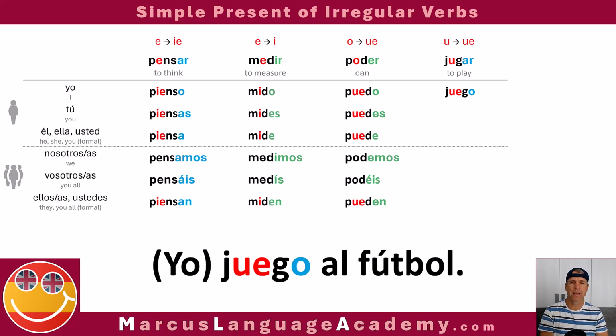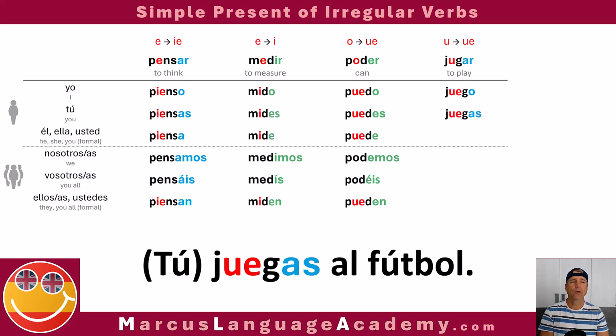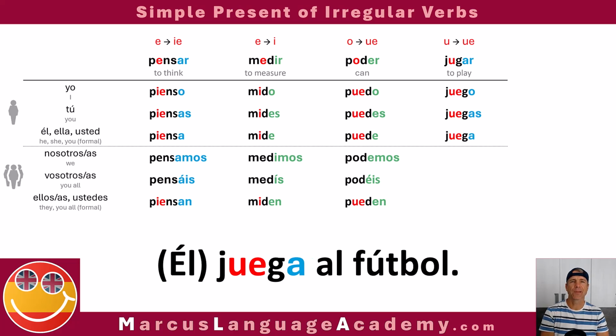So we will apply the same endings like in pensar, but we have to be careful, because in the first person we say yo juego al fútbol. Tú juegas al fútbol. Here we have AS as an ending because it's the blue ending. And third person, él juega al fútbol. Like always, singular, it's irregular.